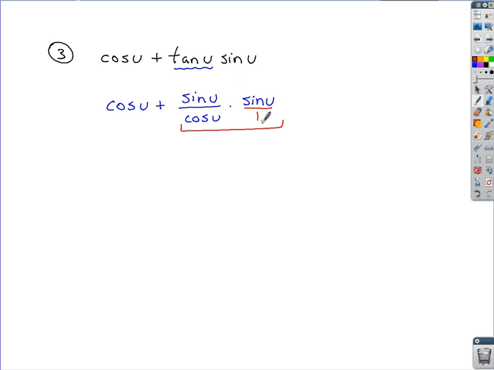If we're multiplying fractions, well, we're multiplying our numerators. We've got sine of u times sine of u. That'd be sine squared of u. We're multiplying our denominators, cosine of u times 1. And don't forget that we've got this cosine of u over here hanging out that we need to bring down.